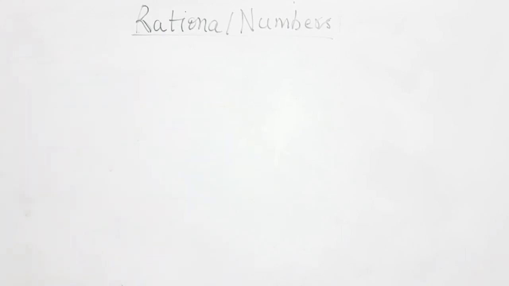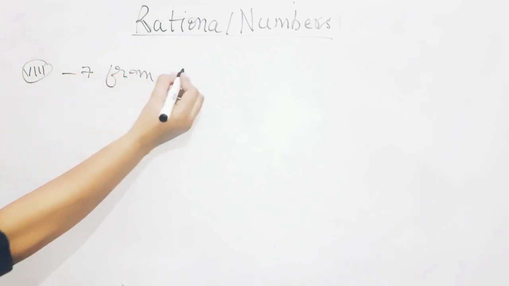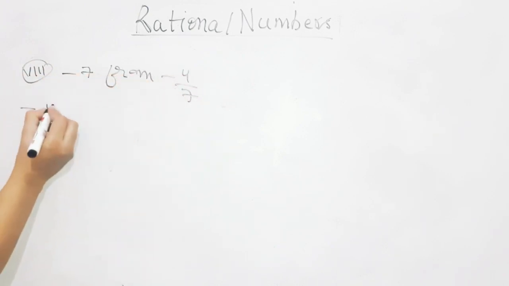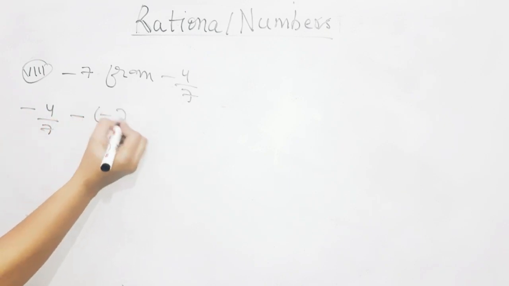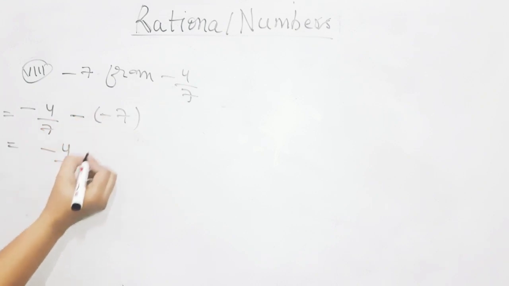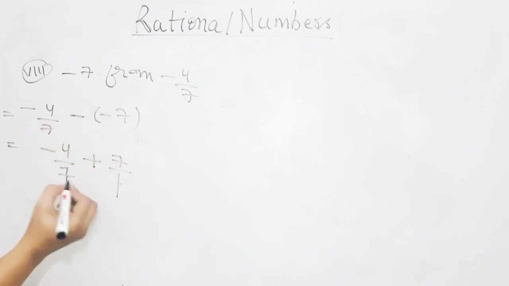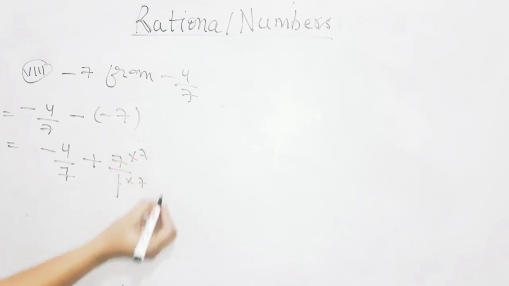So option number 8 is minus 7 from minus 4 upon 7. So minus 4 upon 7 minus minus 7 is equal to minus 4 upon 7, minus minus plus. By default 1 will be considered. What is the LCM of 1 and 7? The LCM of 1 and 7 is 7.